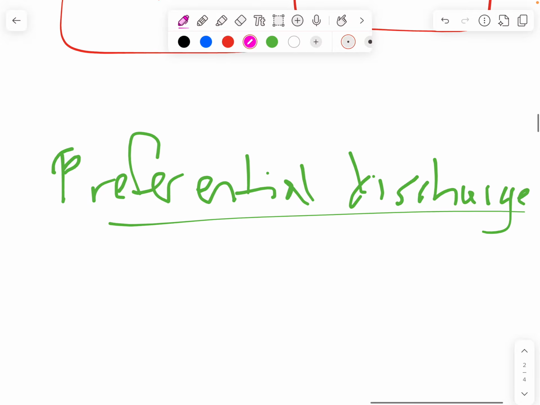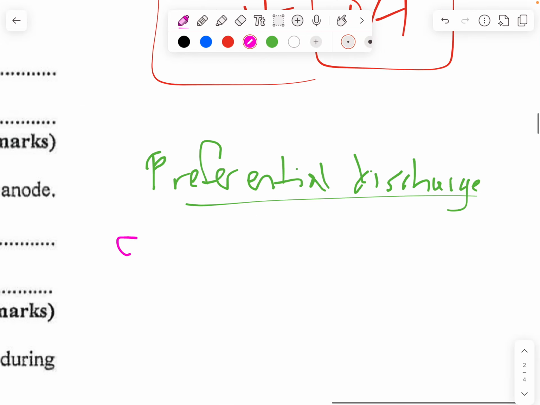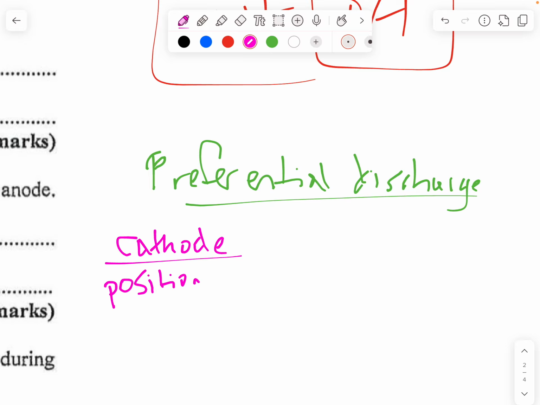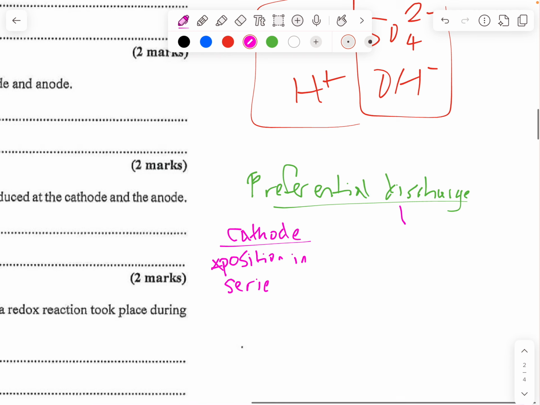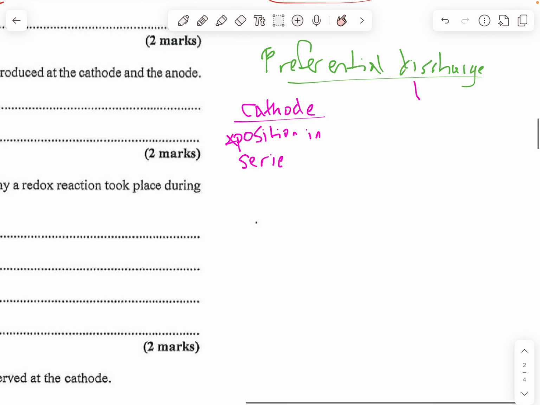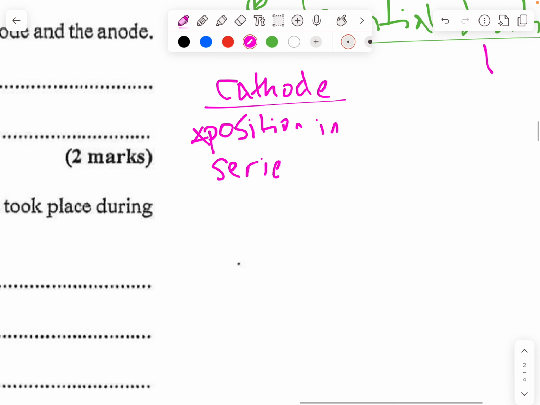And for the cathode, as I say, it's one factor, and that is the position in the electrochemical series. Right? Now, what that means is that the lower you are in the electrochemical series, the more likely you are to be discharged. That's what happens. So the lowest ion will be discharged.